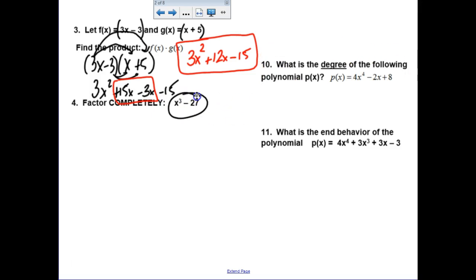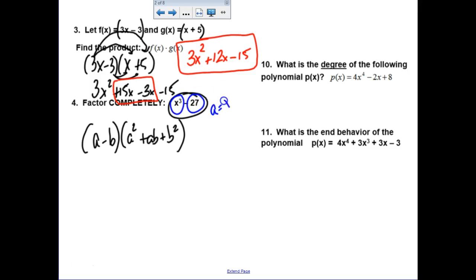All right, this one is factoring a cubic binomial. It's the difference of two cubes, so the pattern that we're going to be using is a minus b times a squared plus ab plus b squared. We have not determined yet what formulas are going to be on the formula sheet, but I have a feeling this is one of them. So now your job is just to figure out who a and b are. So you take the cube root of each term, ignoring all signs, because that's part of the formula.